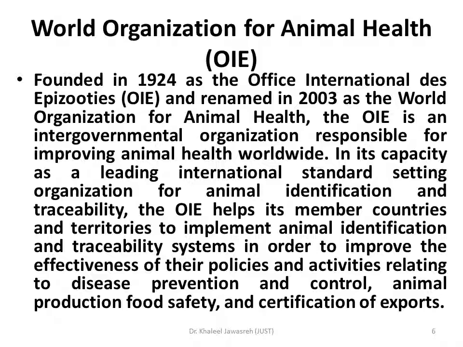This organization is responsible for improving animal health worldwide, in its capacity as a leading international standard-setting organization for animal identification and traceability. You can see this is very important, that the traceability system and the identification are the main source of information for the OIE.